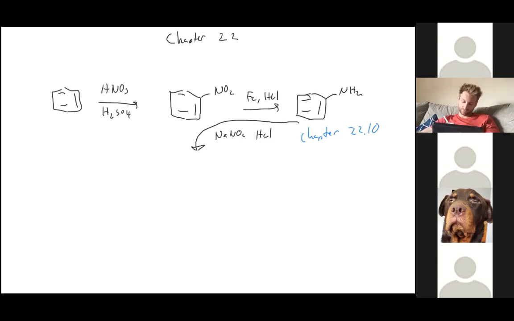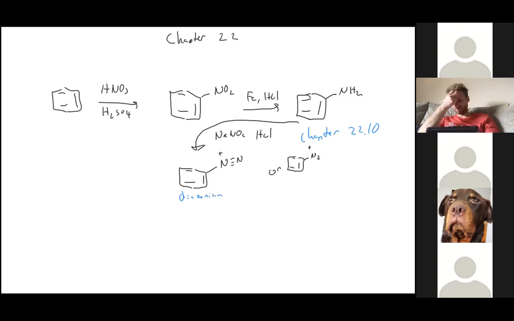And then I'll do it the other way first. From here, we can do a bunch of different reactions to aromatic rings.